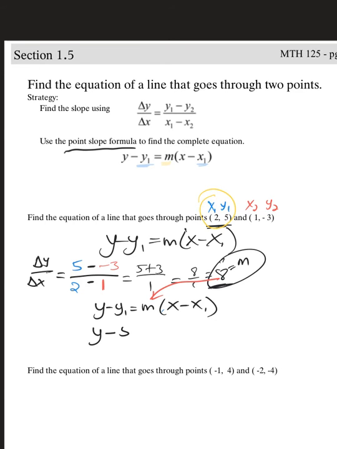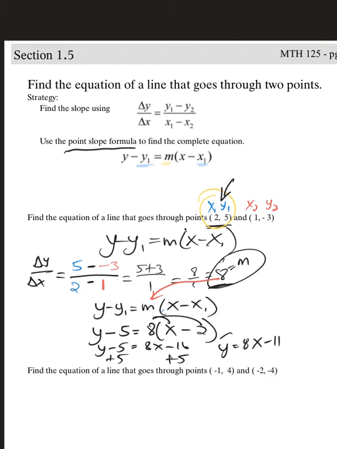Y minus 5 equals 8 times x minus 2. Remember that that 5 and that 2 came from here, and they are only next to negative symbols because that's built into the formula. I'm going to distribute my 8x minus 16, and then I'm going to add 5 to both sides. So I have y equals 8x minus 11.